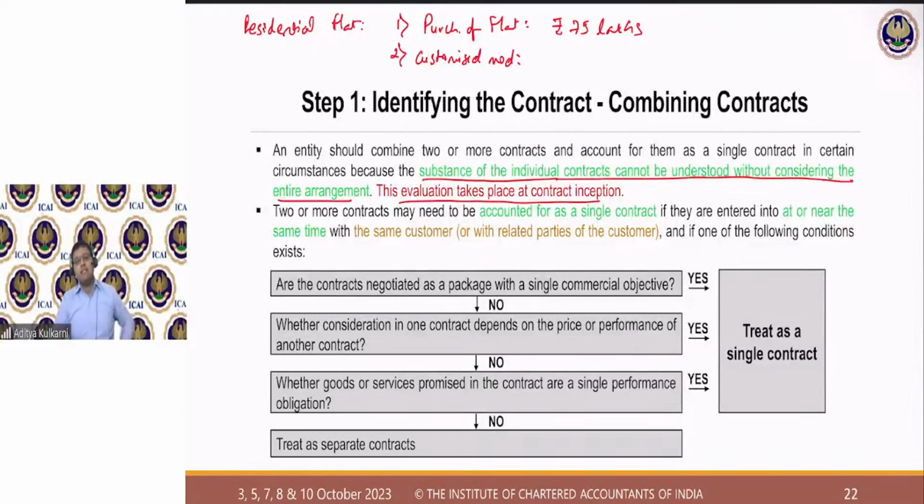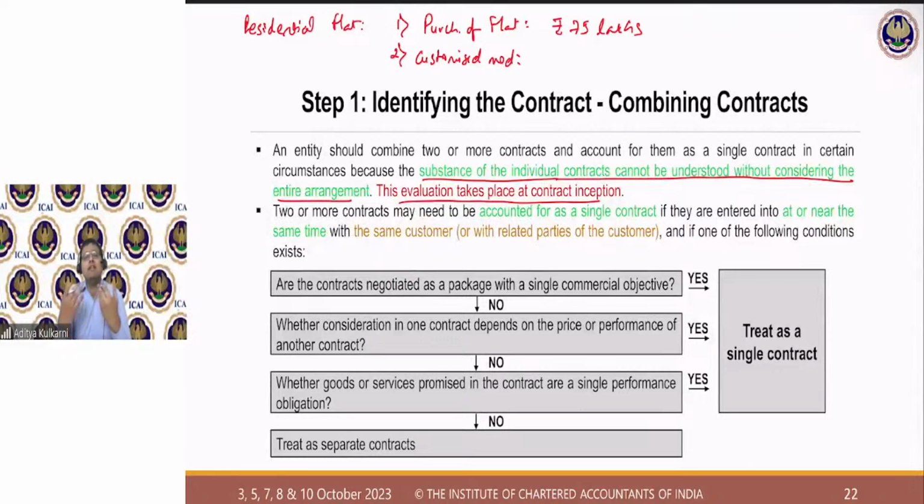And these customized modifications that you are demanding are integral to the construction of the flat itself. For example, you want a particular entrance in a particular manner, not the standard entrance which they give. You want, let us say, an archway to be there. You want certain rooms to have the paint in a particular manner, a particular brand of paint.